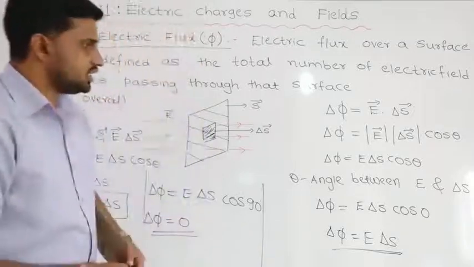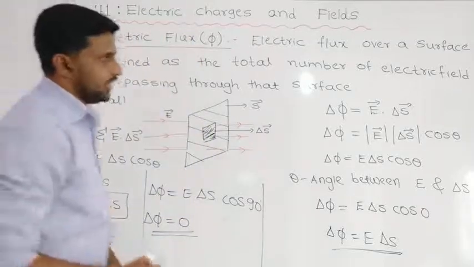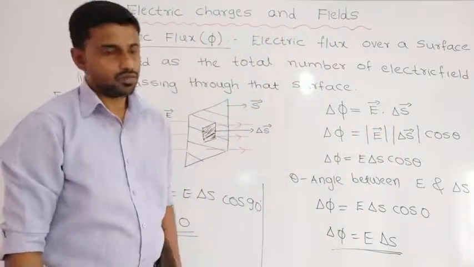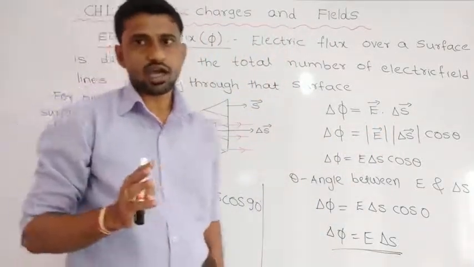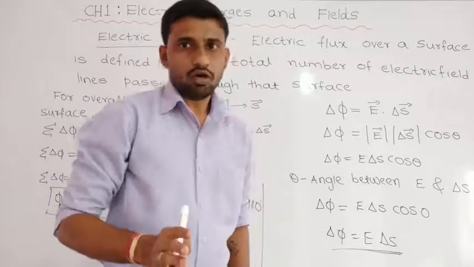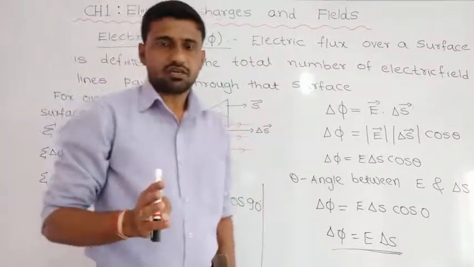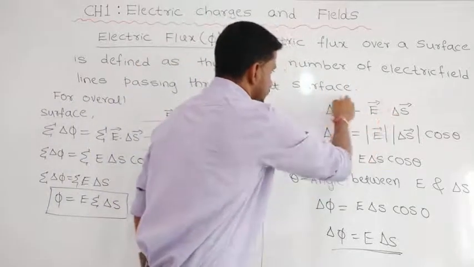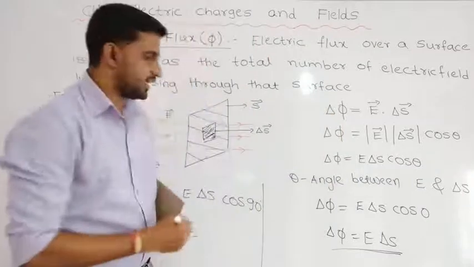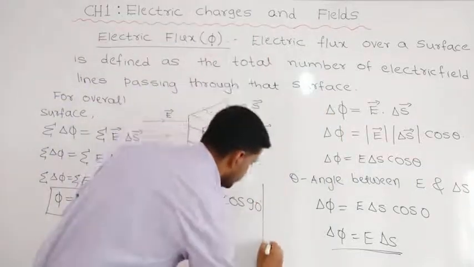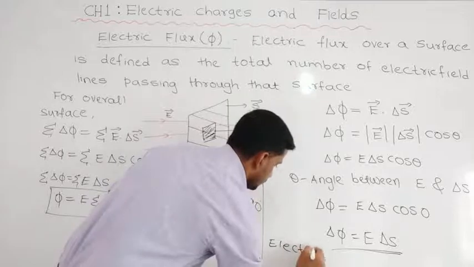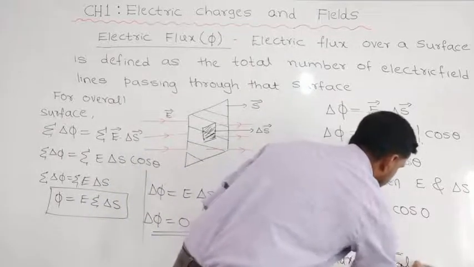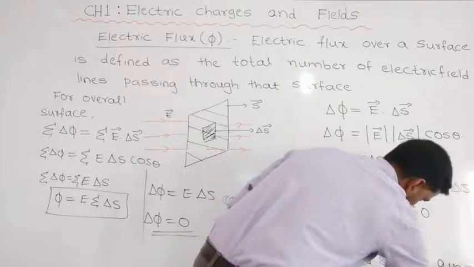We know that electric flux is the dot product of two vectors, and the dot product of two vectors is always a scalar quantity. So we can say that electric flux is a scalar quantity.